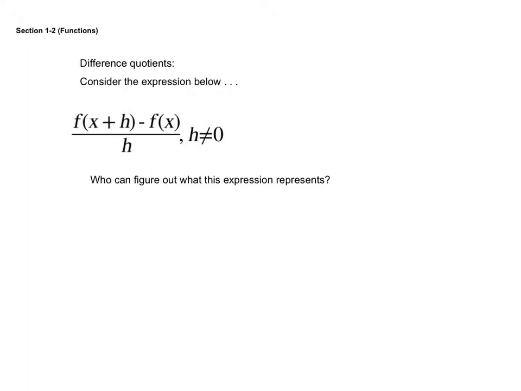So let's talk about difference quotients real quick. Now, let's consider this expression right here. What does this expression represent? I'm going to use a linear function real quick. I'm going to draw a linear function like so, and I'm going to choose a value for x. I'm going to use that in blue.